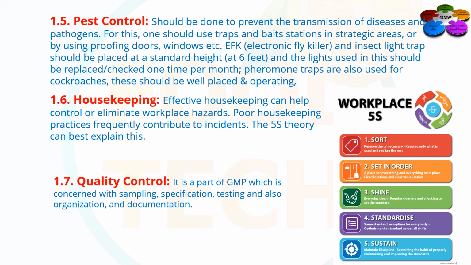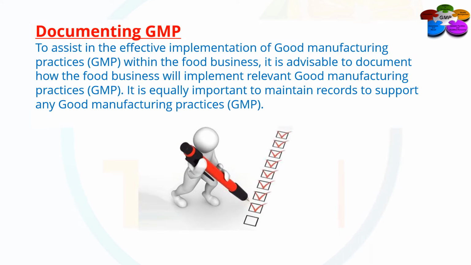Third, shine, that is cleaning. Fourth is standardize, first of all the product manufacturing should be standardized. And then sustain, that is to maintain the discipline and the standards which have been set earlier. So this is housekeeping. Documentation is related to production, raw material, and other things like sanitation.